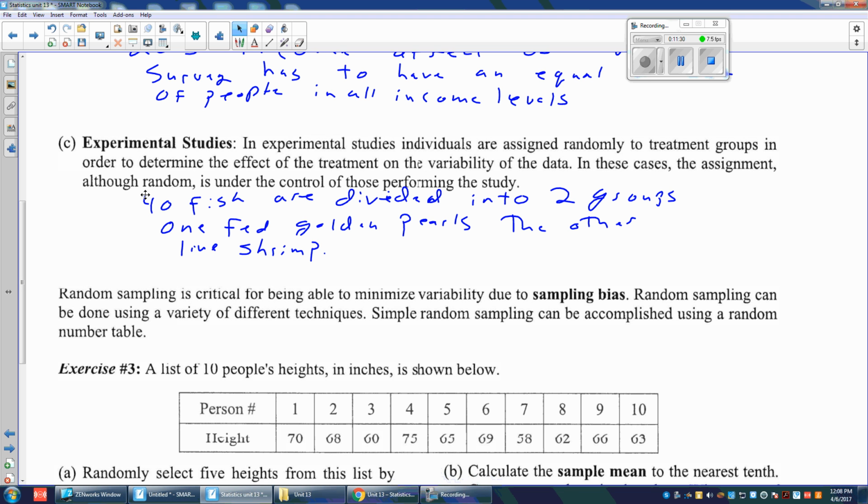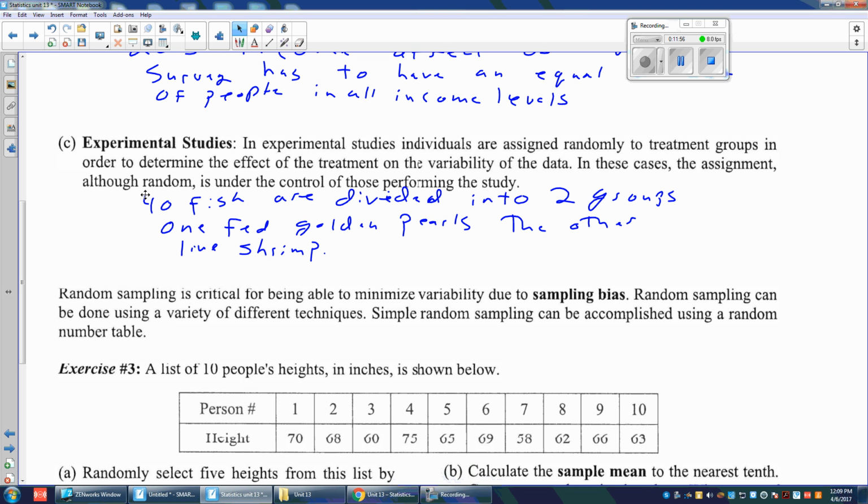Okay, we randomly assign them, we net out 20 fish from a tank, and we just dump the first 20 into tank A, and then from the same tank we take 20 out and dump them into tank B. So we have the main breeding tank, might have 200 fish in it. We take 20 out, put into tank A, another 20 out, put into tank B, and then the experiment is going on. We didn't select the individuals.